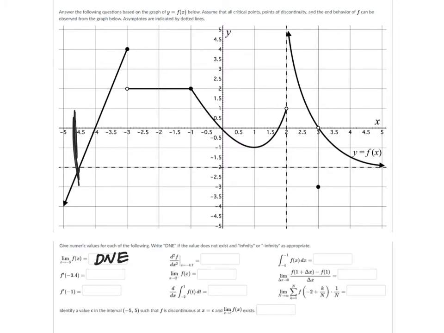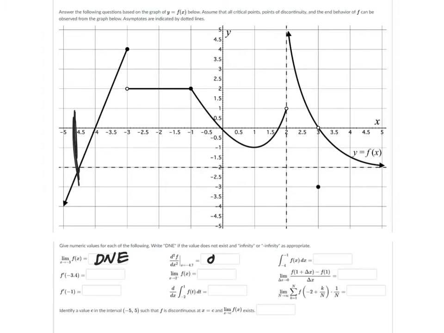So if the slope is constant, then the rate at which the slope is changing, which is your second derivative, will be 0. So this value will be 0, because the second derivative is always the rate at which your slope is changing. If it's a curvy line, then it's a different story. But if it's a straight line, then your second derivative will always be 0.